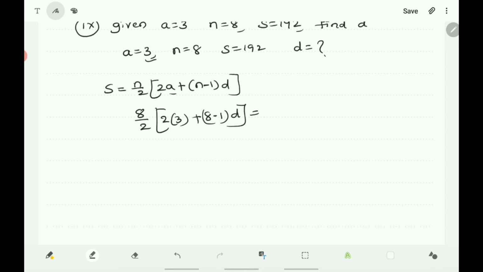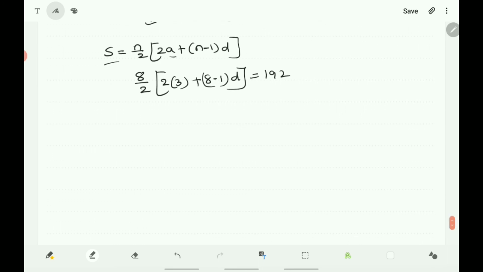So write here S is how much? 192. Then 8 ones are 8, 8 fours are... so it is 4 into 2 threes are 6. 8 minus 1 is 7. So it is plus 7d is equal to 192.